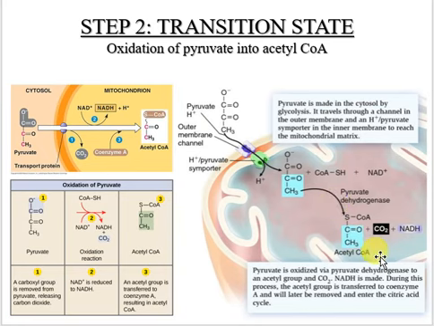The products are going to be your 2 molecules of acetyl coenzyme A. You're also going to have the production of 2 molecules of NADH, because 1 is produced per pyruvate in this reaction. You're also going to have the release of carbon dioxide.